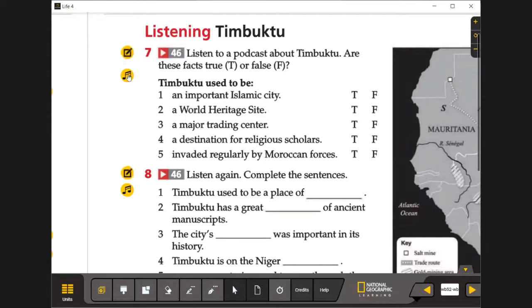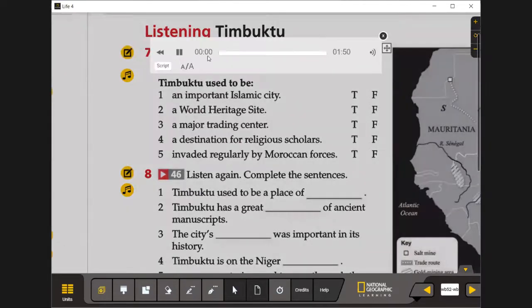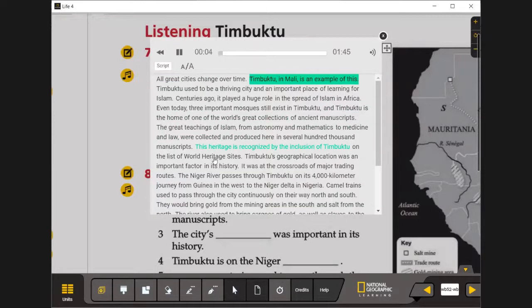Let me show you. Here, for example, when they are saying that the city contains 3 mosques. Yes, they are those typical churches, well, like churches, but for Islamic people.